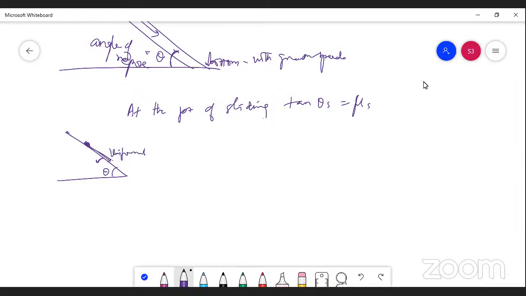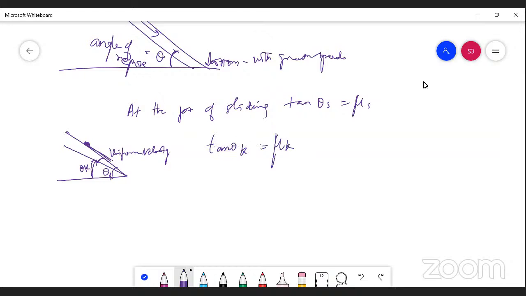Now measure the angle, from which we can calculate the coefficient of kinetic friction. The earlier angle is the angle of repose, and this is the angle measured for kinetic friction. So theta k gives you the angle for kinetic friction. Simply we can write tan theta k is equal to mu k.